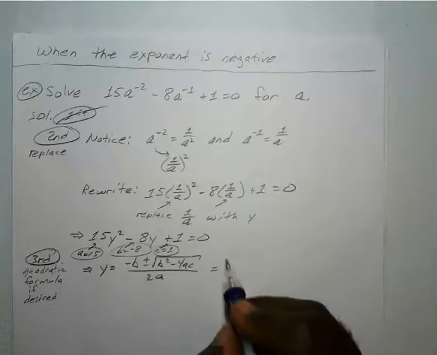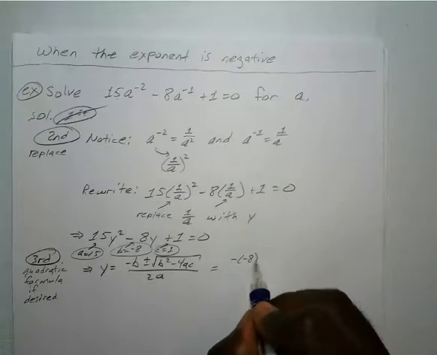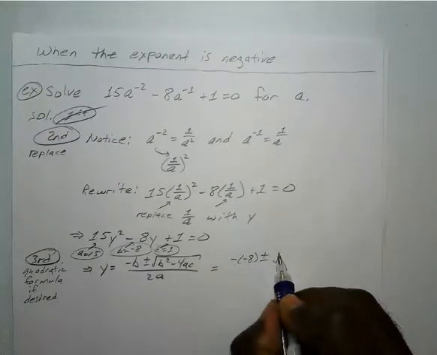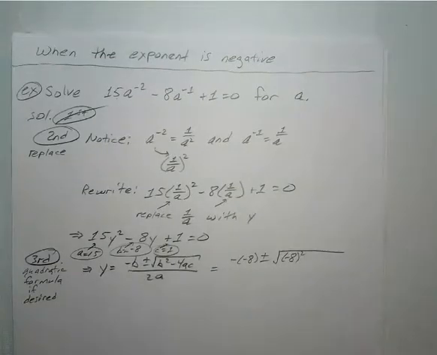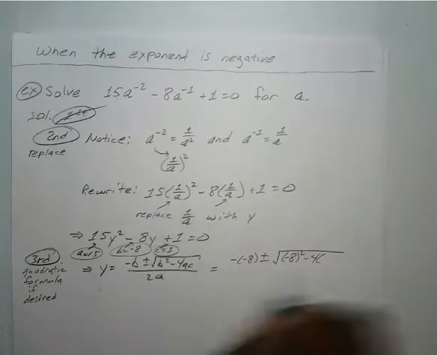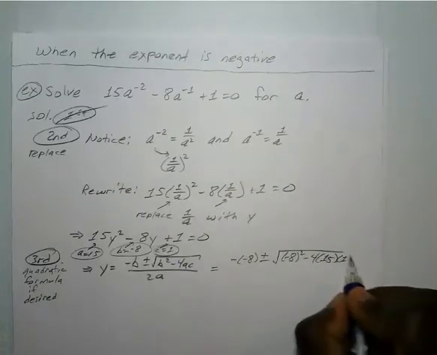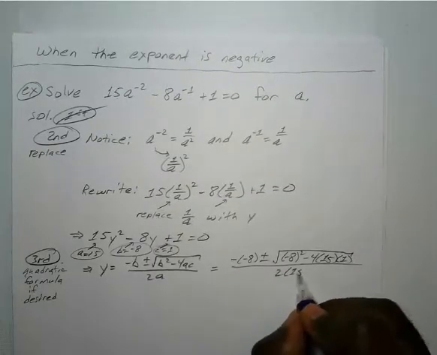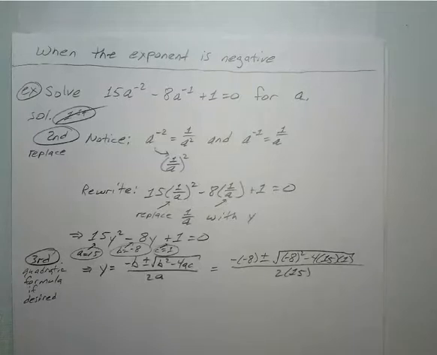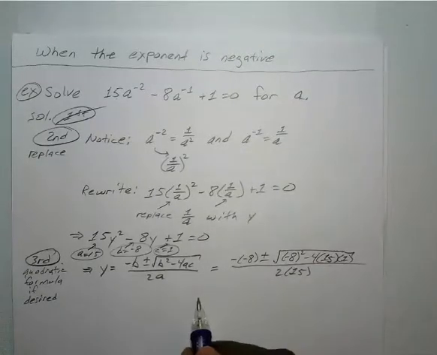If we replace it, we end up with y equals negative b, so that's negative 8, plus or minus the square root of b squared, so negative 8 squared, minus 4 times a times c, all over 2a, so 2 times 15. Let's simplify everything here.